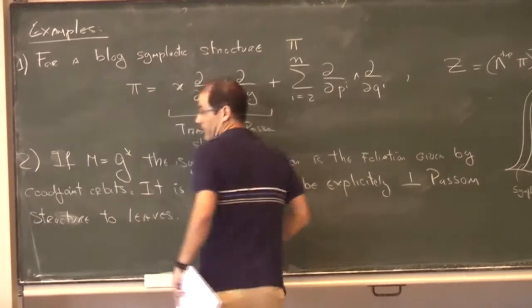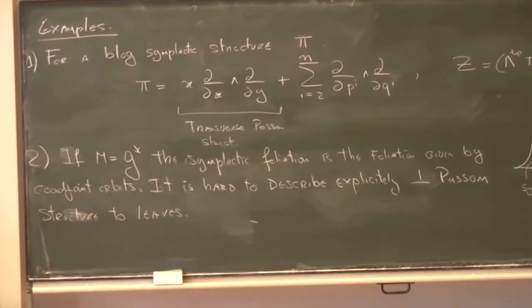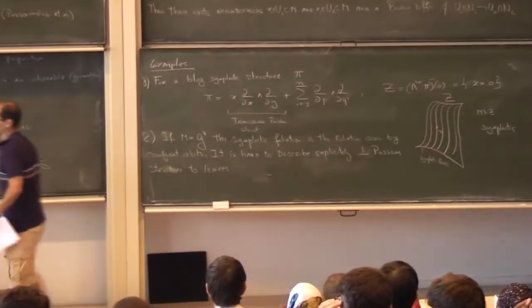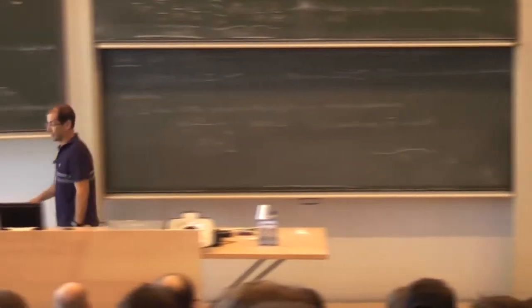You may want to try something like SU3. SU2 is too easy, but SU3, just to check if you can find the transverse Poisson structure of the dual of SU3. Okay.